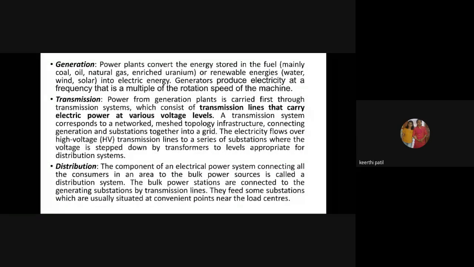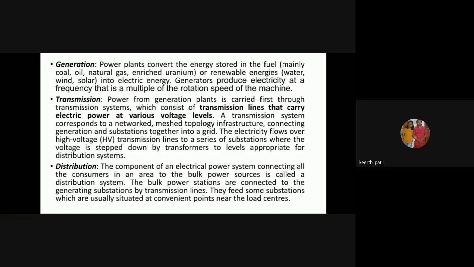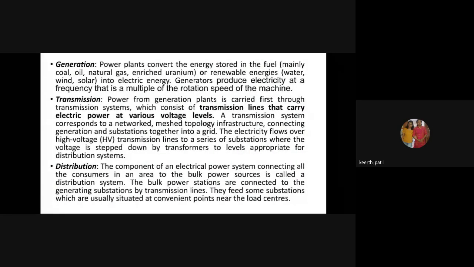The generators are located far away, and we, the customers, are located in remote places, very far away from where the generation is happening. So how is it possible? What are the things that need to be done? There lies the function of transmission and distribution.